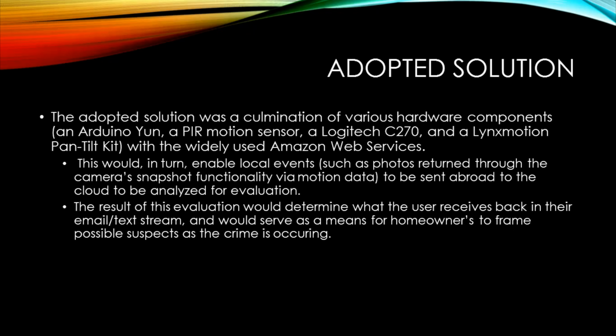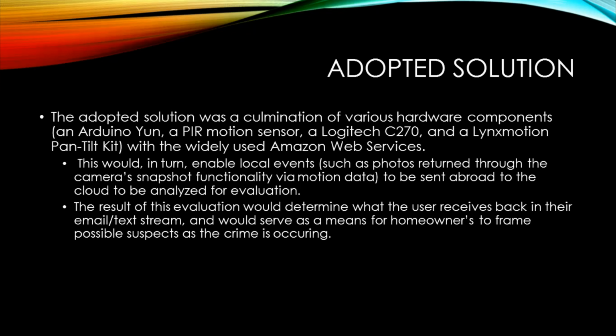So, moving into the adopted solution, it became a culmination of various hardware components. The Logitech C270, as mentioned earlier, an Arduino Uno microcontroller, and a PIR motion sensor. Lynx Motion Pan Tilt Kit was also added as part of the web functionality feature.